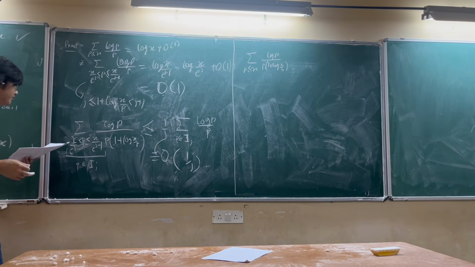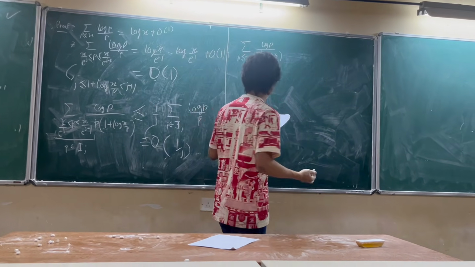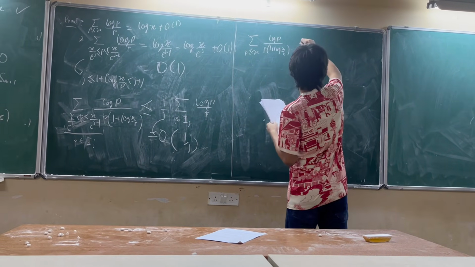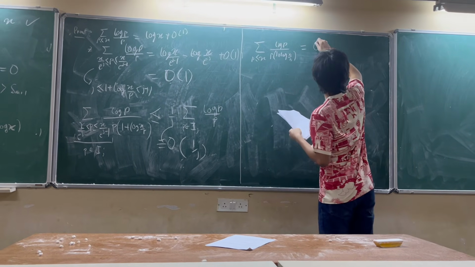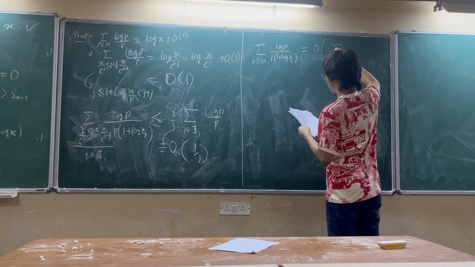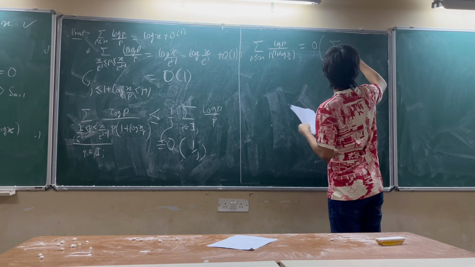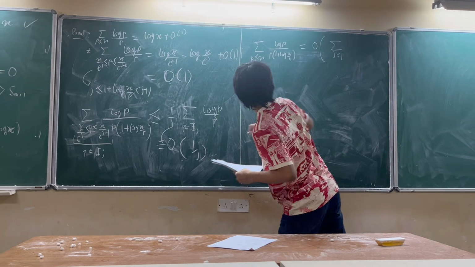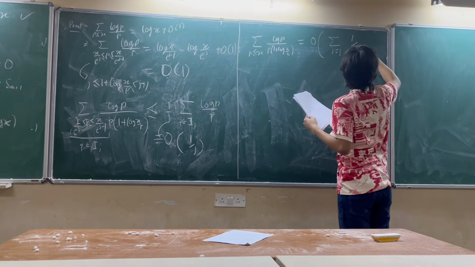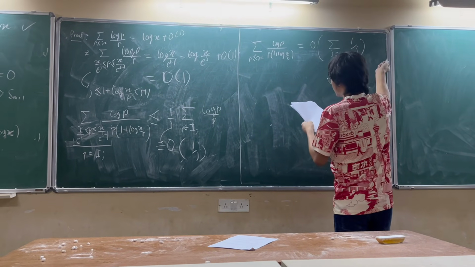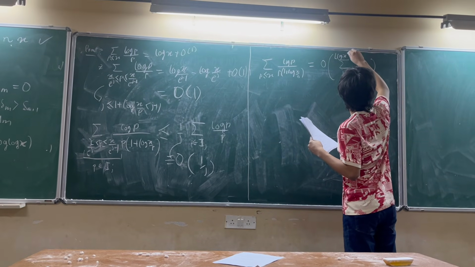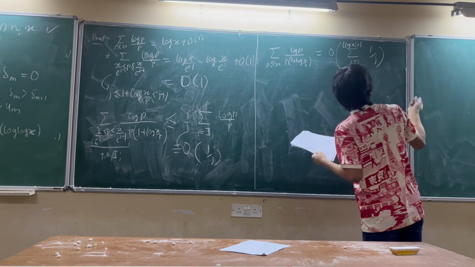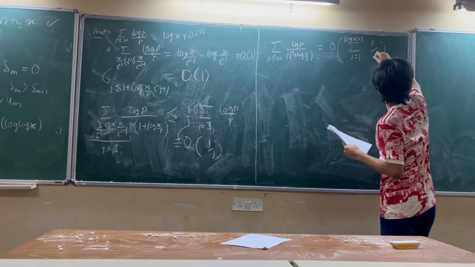That many intervals. Which is basically the same as saying this is bounded above by summation, because this was order of 1 by j, so when you sum all these, j goes from 1 to floor of log x plus 1. That is how many j's you can have.